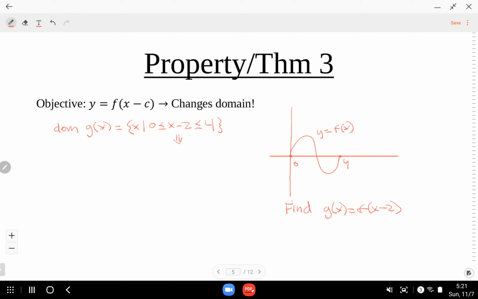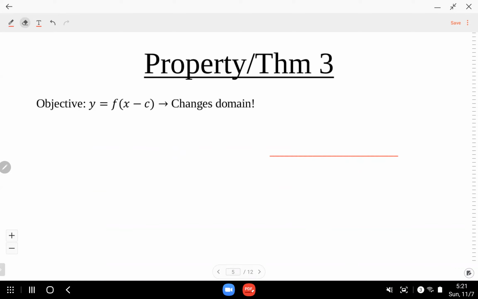And this equals 2 to 6, right? So our new domain is 2 to 6. So we can see from that we shifted this entire graph by 2 units. Like that.